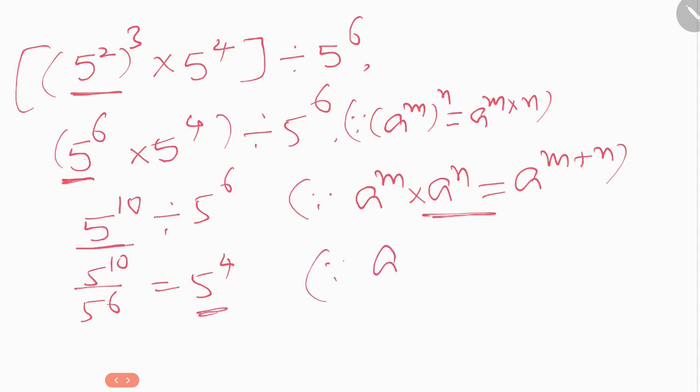Since a power m by a power n is equal to a power m minus n. By using this law I finally got 5 power 4 as the simplified form. This is the answer. In this problem we used many laws for simplification. So this is the way of simplifying any kind of expression by using the laws.